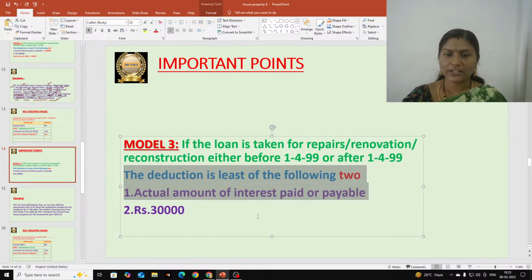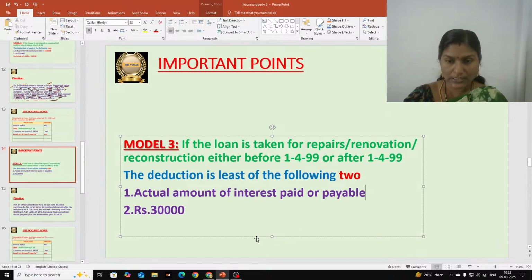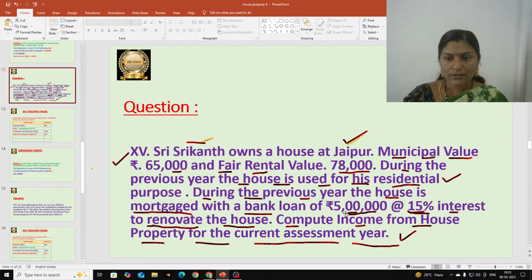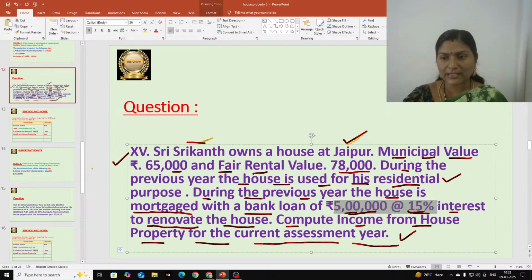The first one is the actual amount of interest paid or payable, that will be available in the question, students. They have given it, you can see here. The loan amount is given as 5 lakhs and interest is 15%. We should calculate here 5 lakhs into 15 by 100.